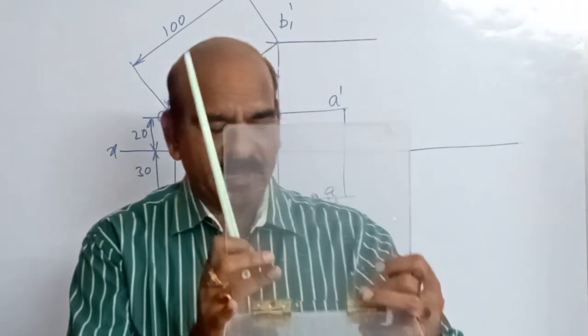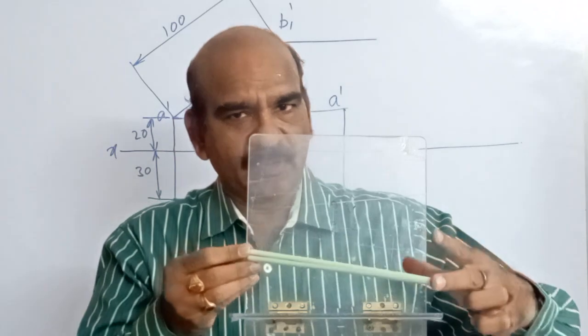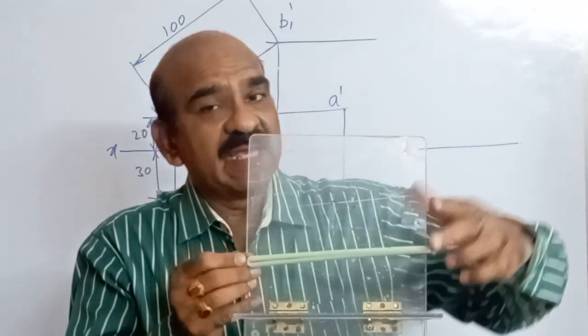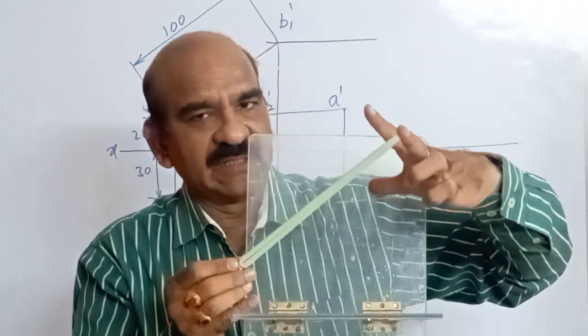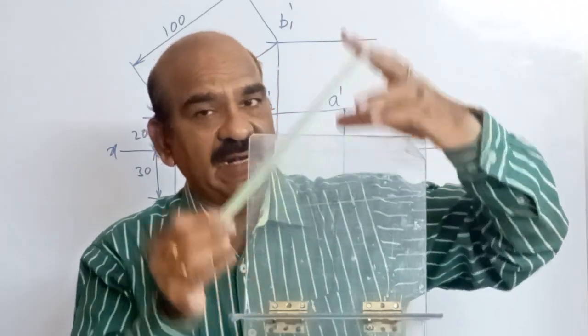AB2, I take AB2 here. I take AB2, second initial position, and rotate this point B upwards. That is, in the front view, B2 dash is moving upwards like this. How far? As if it is an arc of a circle.